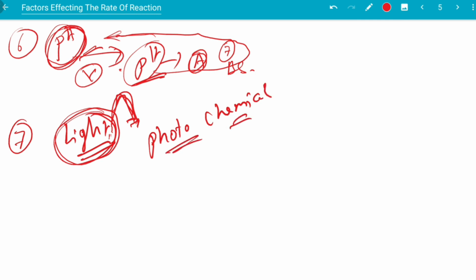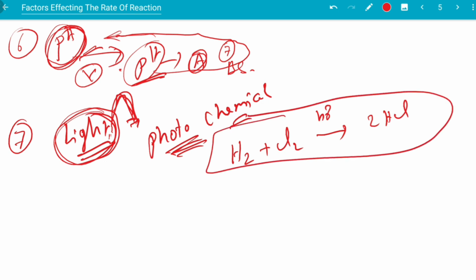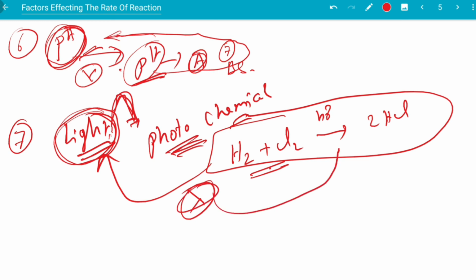For example, H2 plus Cl2 gives 2HCl in the presence of light. These types of reactions mainly depend on the specific wavelength of the light. We apply a specific wavelength of light, then that reaction proceeds to product.